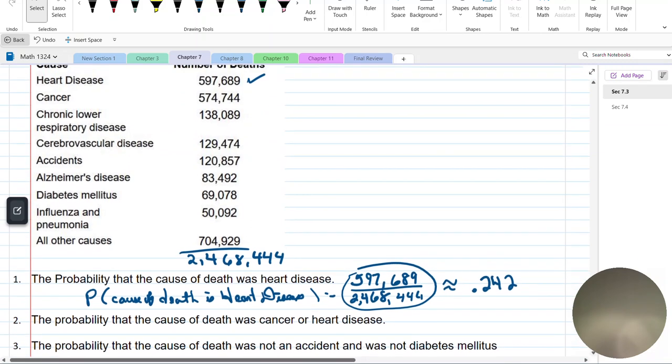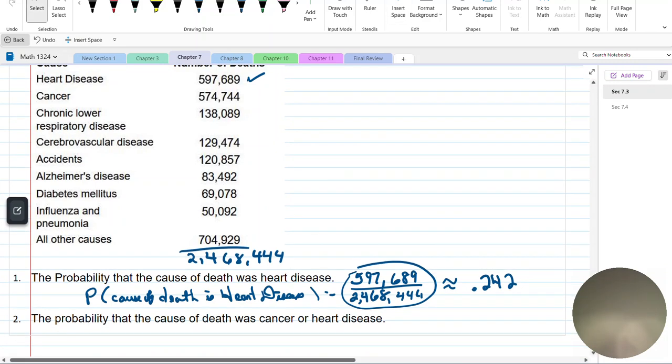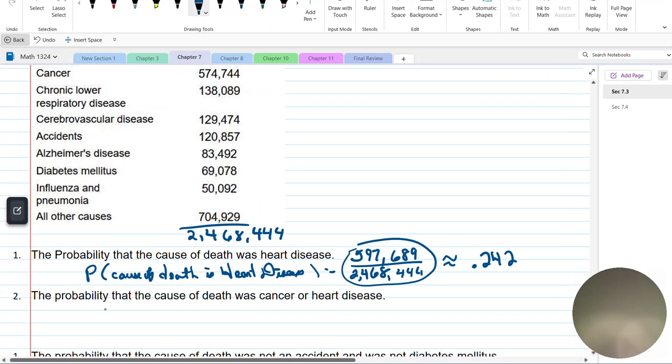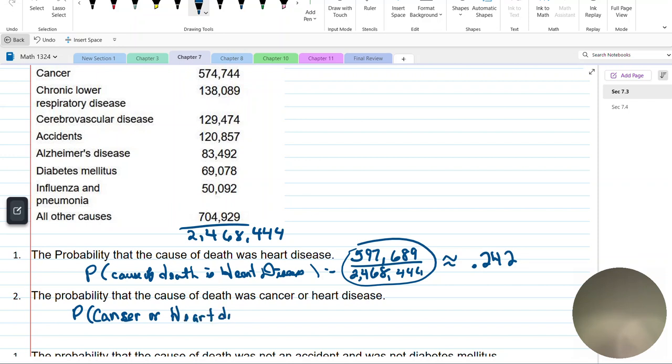Probability of the cause of death with cancer or heart disease. Oh my goodness. All right. We need some space for that one. All right. So we wanted probability of cancer. Oops, that's a C. Or heart disease. So if we want those, they're the individual probabilities.